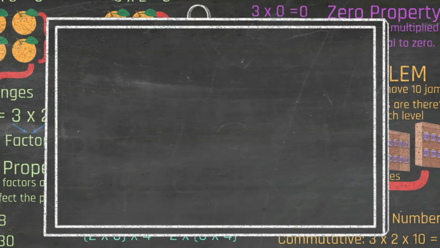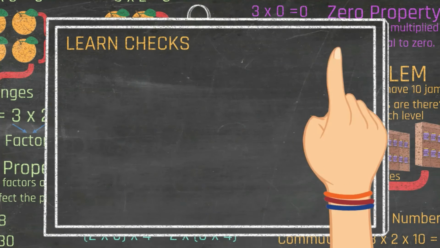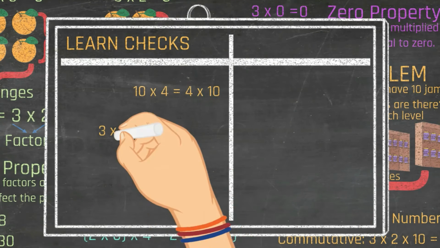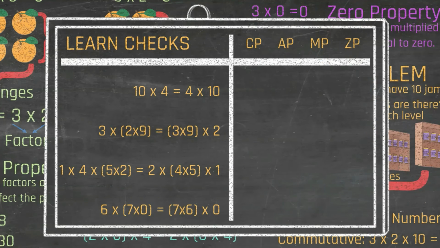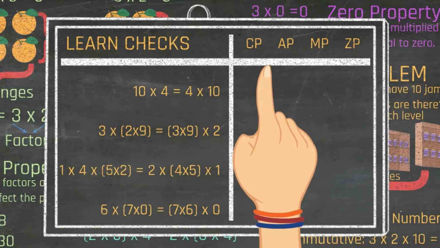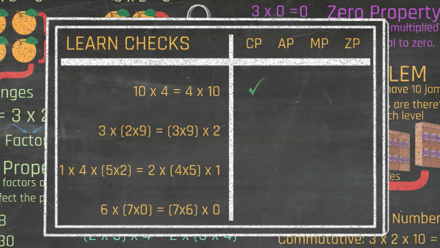It's time for Learn Checks. Let us identify which property of multiplication the following describes. 10 times 4 equals 4 times 10. Commutative property. Yes. Associative property.